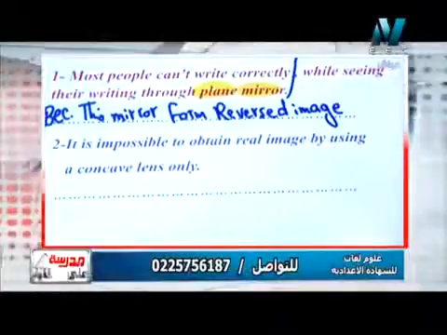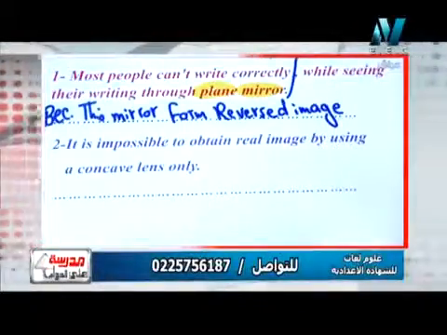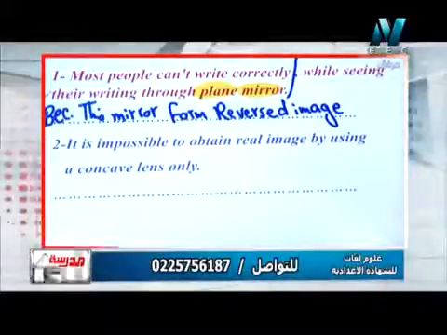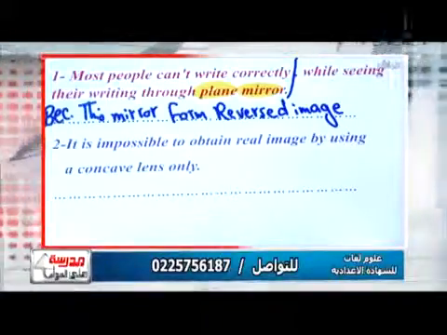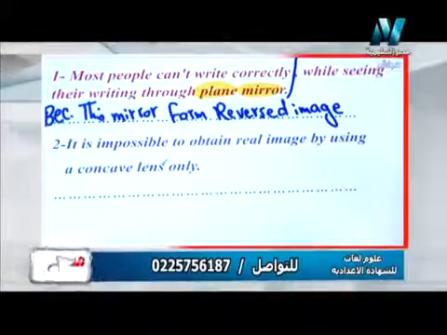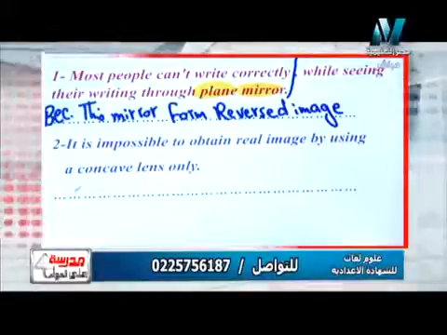Number 2, it is impossible to obtain a real image by using a concave lens only. We can't obtain a real image by using a concave lens only because we know the concave lens is the lens of a short-sighted person. What image does a concave lens form?